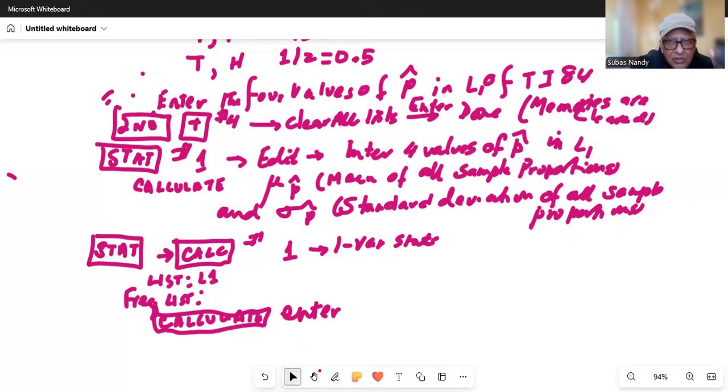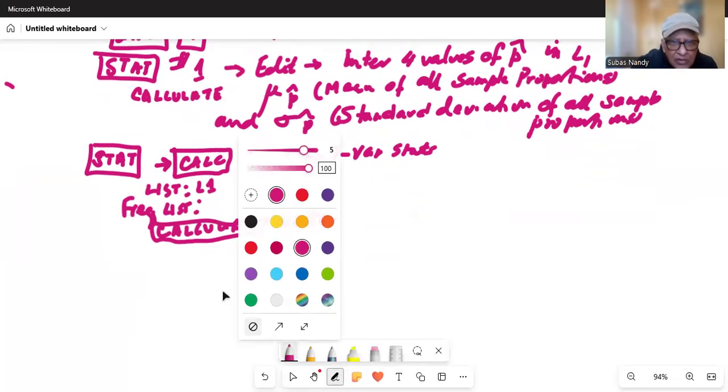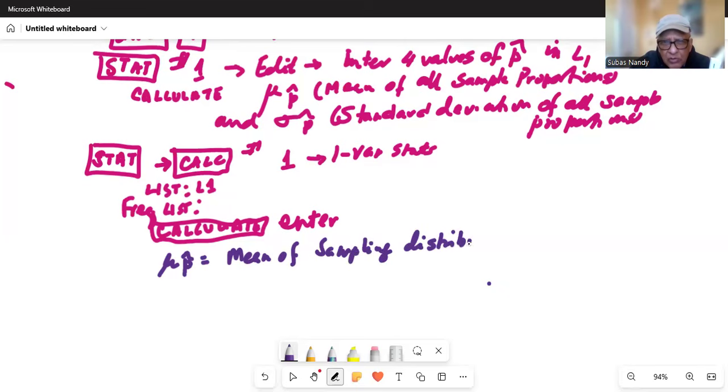Let me show it to you. I got mu p hat, the mean of all the sample proportions, the mean of the sampling distribution, which is equal to 0.5 on the calculator screen.